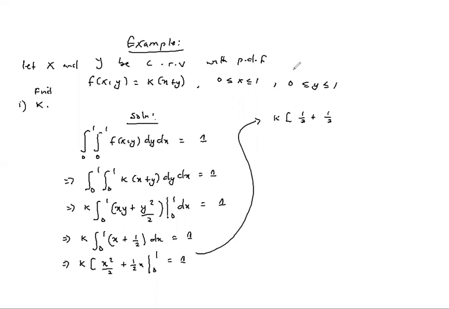It doesn't matter. So you can start with dy dx, especially that the limits in this case are the same, 0 to 1, 0 to 1. But even if they are different, for as long as they are constants, you can start with any, depending on which one is easy to integrate.